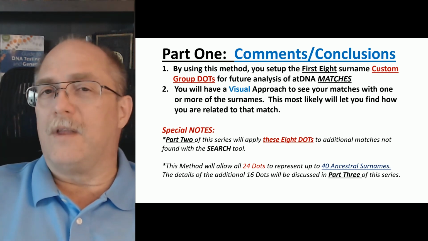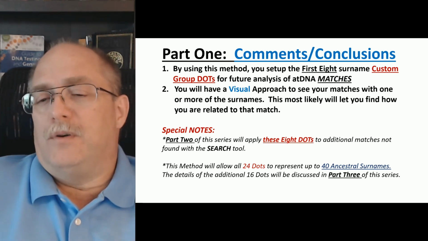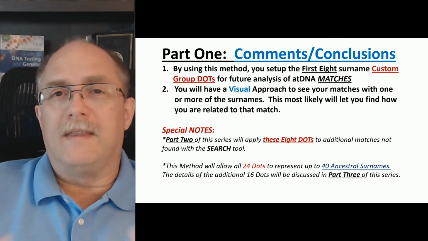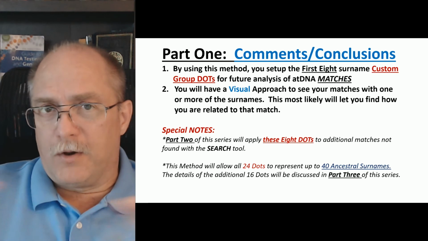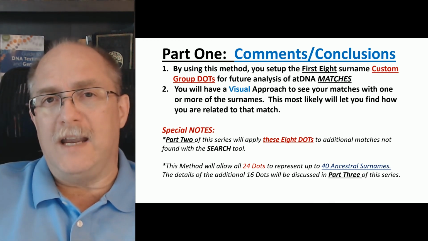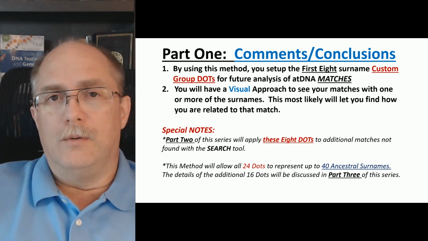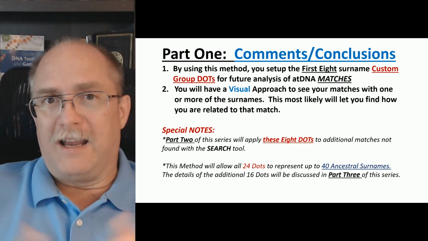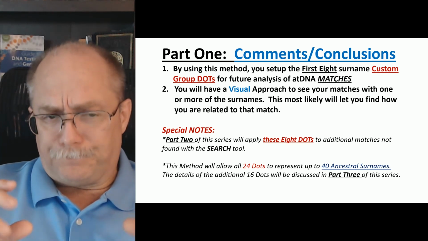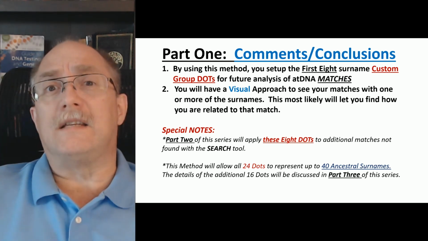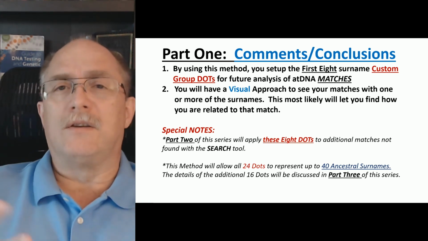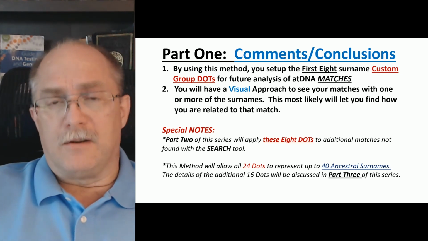We're going to show that you can actually make up to 40 ancestral surnames matching with these dots. You start with your base of great-grandparents of 8, and then you go to the next step, which is, and I'll give a preface to it here, the grandparents of each of the great-grandparents, and surnames will be listed. So that's part 3.